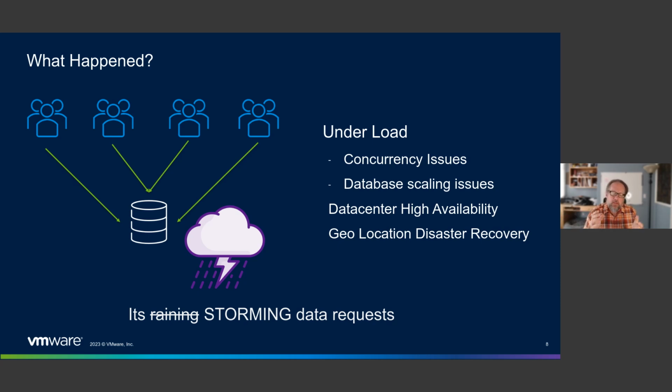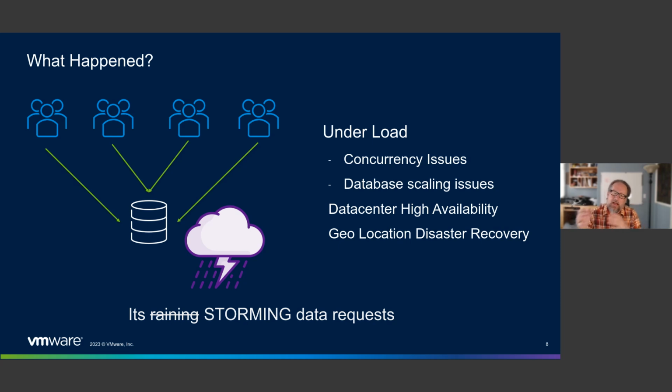Right, so if you think about concurrency issues under load, or what kind of locking we are doing on the database, how is the locking implemented? And then when we're storming this thing, we come to saturation. You've got to think about your disaster recovery plan, right? Do you have enough data centers to fail over to?